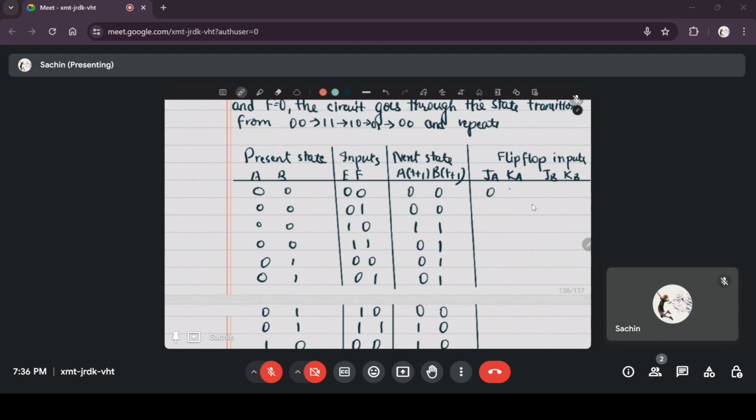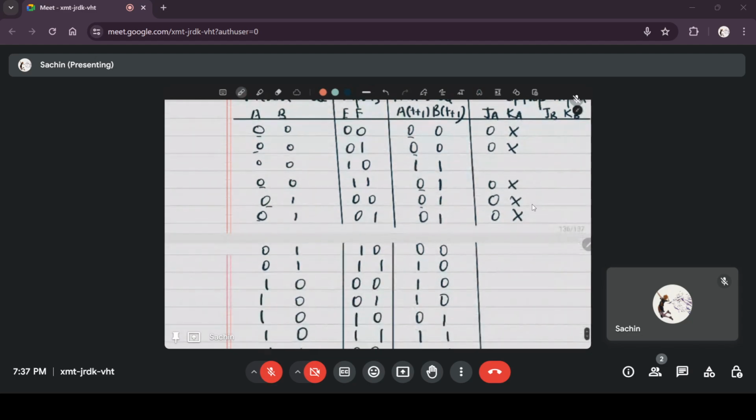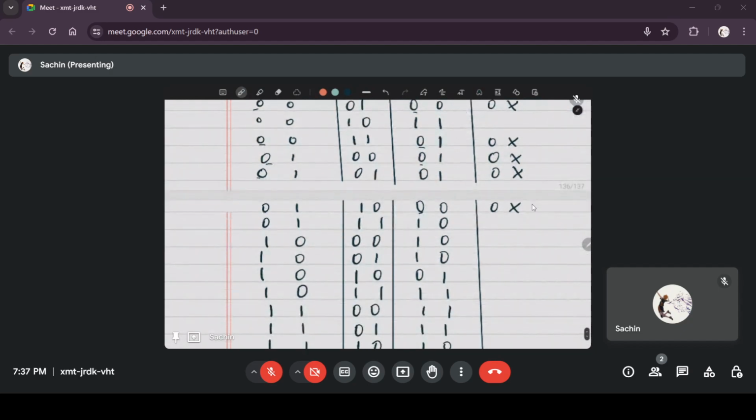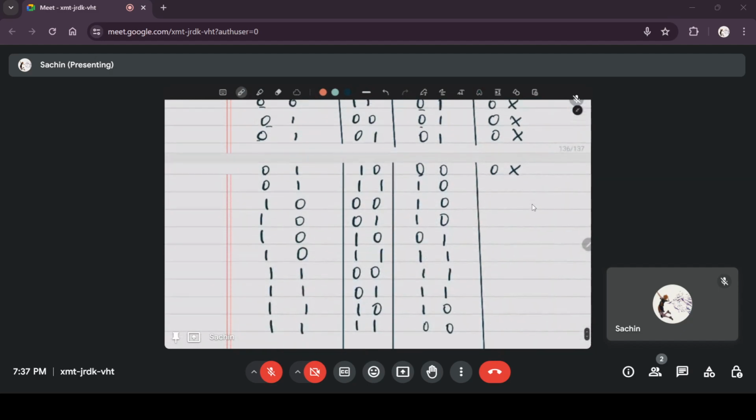First I'll do it for the A flip-flop and then go to the B flip-flop. So 0 to 0, 0 to 0, 0 to 0, that's it.